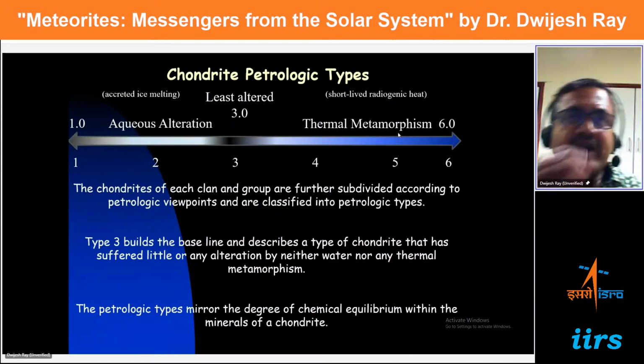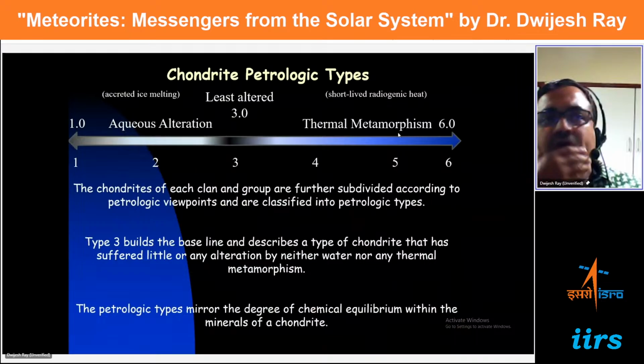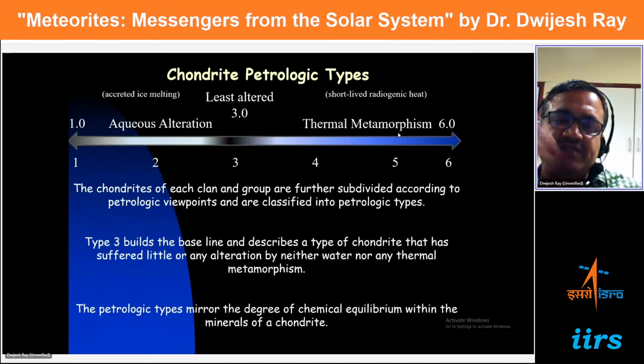So there is another petrologic type. Some of the meteorites you can expect some aqueous alteration, because during accretion meteorites can accrete rock and ice. Due to the accretionary heat, the ice can melt, and when water is available, it can interact with the anhydrous mineral and produce secondary minerals.